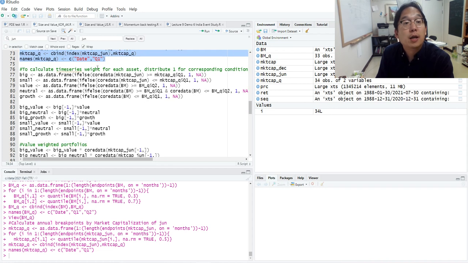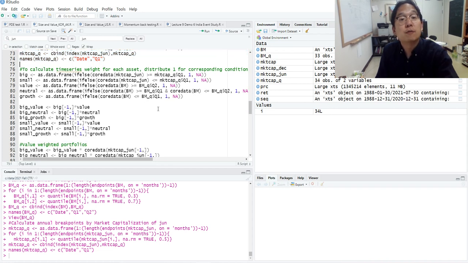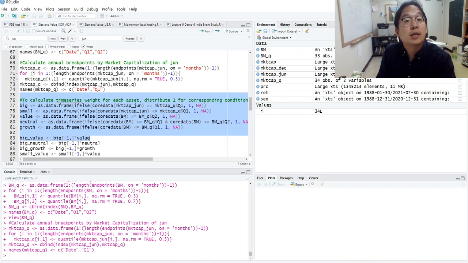And then to calculate time series weight for each asset, market cap Q is generated, and we are going to identify the companies, small company and big company, based on market cap in these two lines, and then high book to market, low book to market and mid book to market using this BM quintile data set.